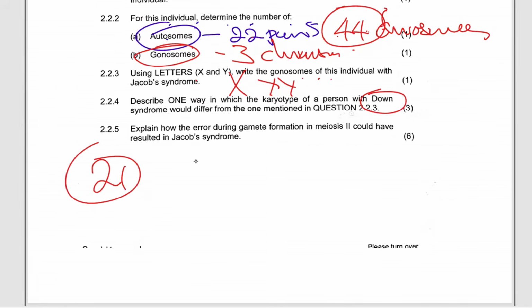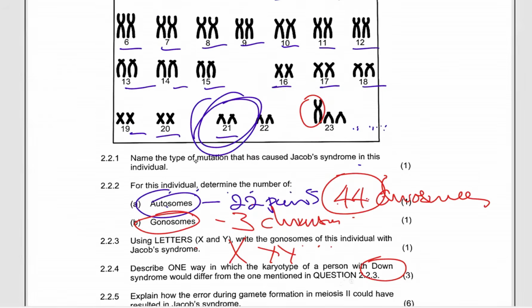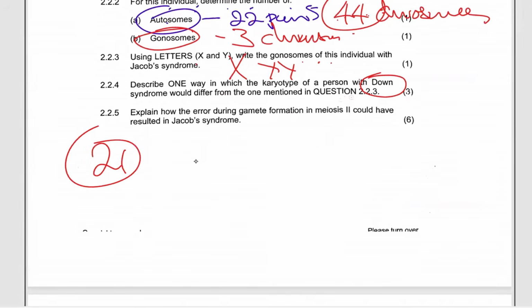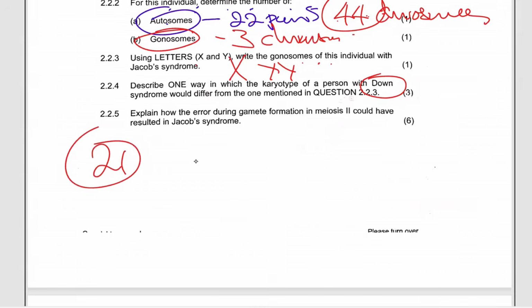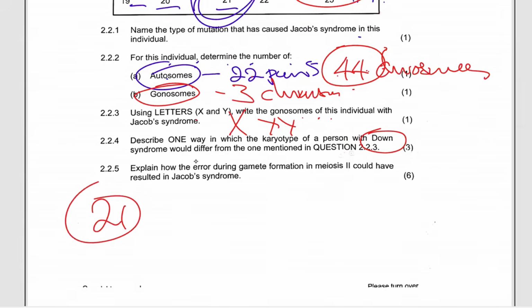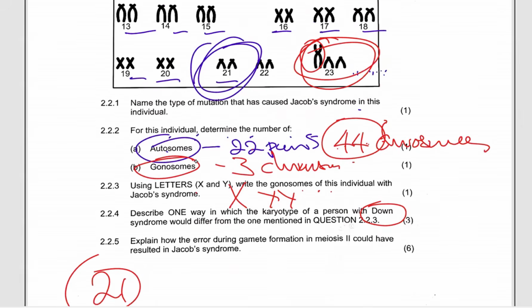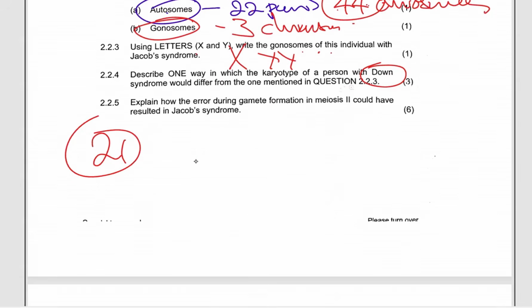The 3 chromosomes appear on chromosome number 21, while this one appeared on chromosome number 23. You understand? So the trisomy 21 Down syndrome occurs in the autosomes, which are the non-sex chromosomes, while this one occurs in the sex chromosomes, which we call the gonosomes. So I think that's it.